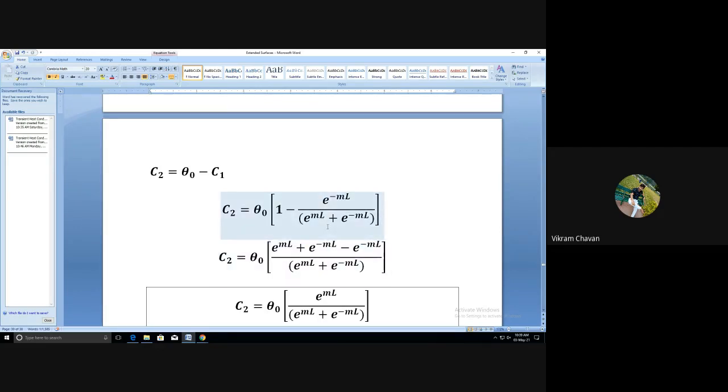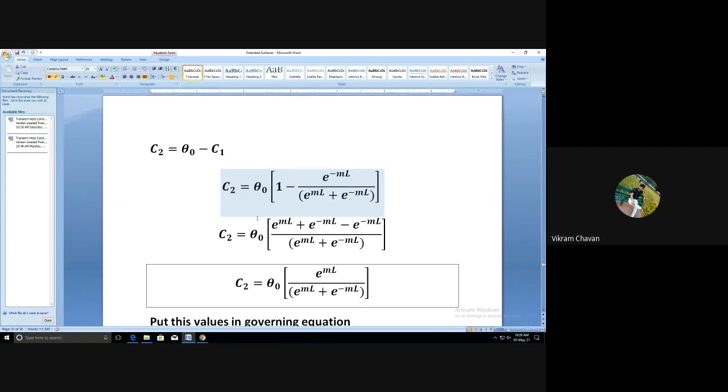Further, if you do the cross multiplication, that is, the denominator multiplied with 1 and subtracted from the numerator, we'll get the equation as C2 is equal to theta naught inside the bracket e raised to ml plus e raised to minus ml minus e raised to minus ml, whole divided by e raised to ml plus e raised to minus ml.